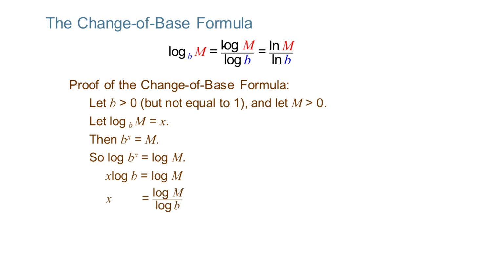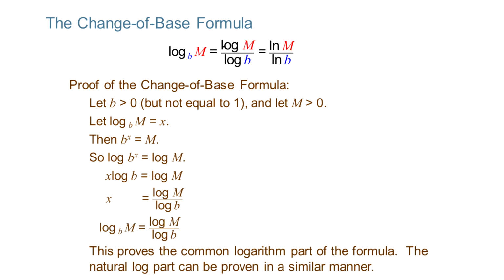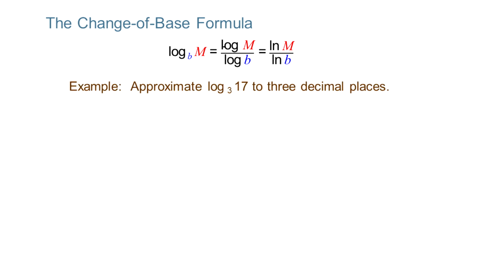Next, I'll divide both sides of the equation by the log of b. Since I defined x to be equal to the log base b of m, I can substitute log base b of m for x in the last equation. This proves the common log part of this formula is correct, and I can prove the natural log part in a similar manner.